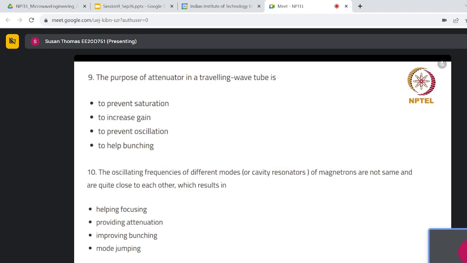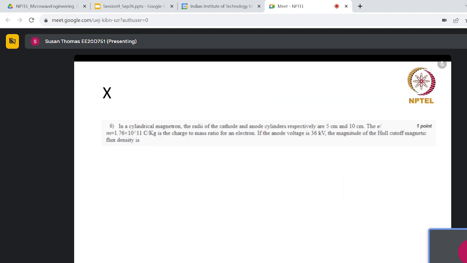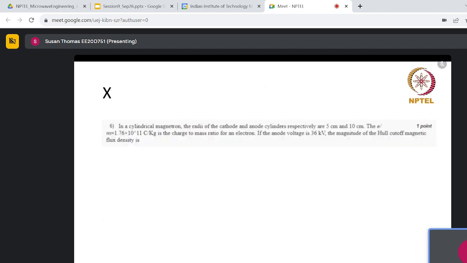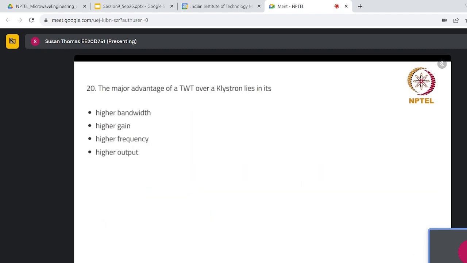Now coming to the next question. Although we haven't noticed this attenuator in a TWT, there is an attenuator. Any guesses what is that attenuator? What is the purpose of an attenuator in a traveling wave tube? It is not mentioned in the structure here, but there is an attenuator in case of TWT.